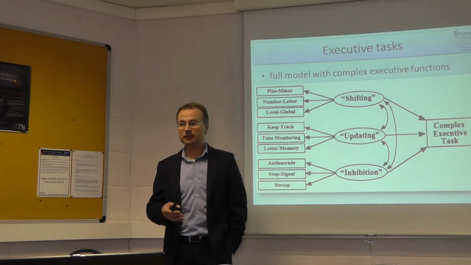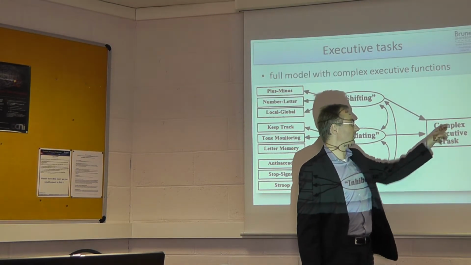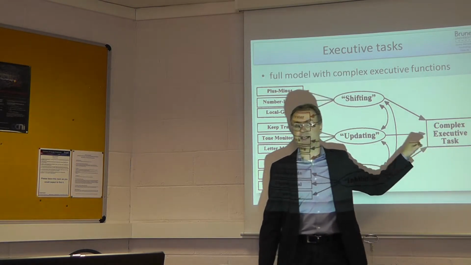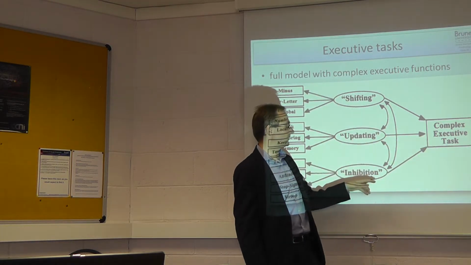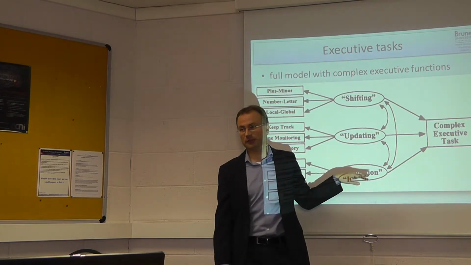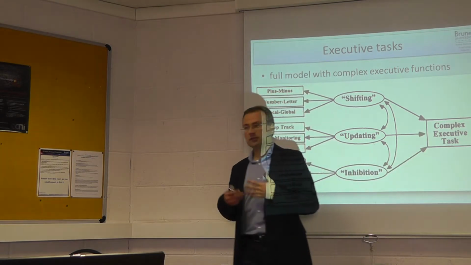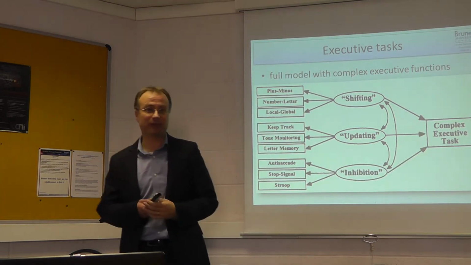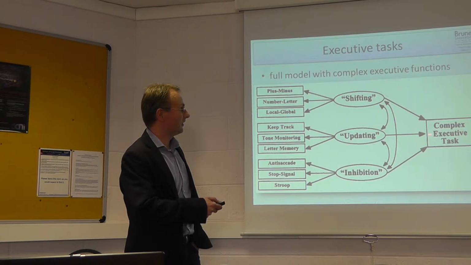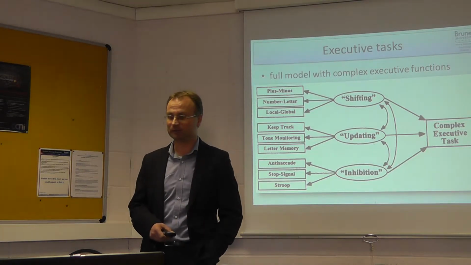And then in addition, they describe this more complex model where they say, okay, these complex executive tasks, like the Wisconsin card sorting test, how do they relate to these latent variables? And if they are really reflecting executive functioning capabilities, they should be strongly related to one or more of these latent variables.